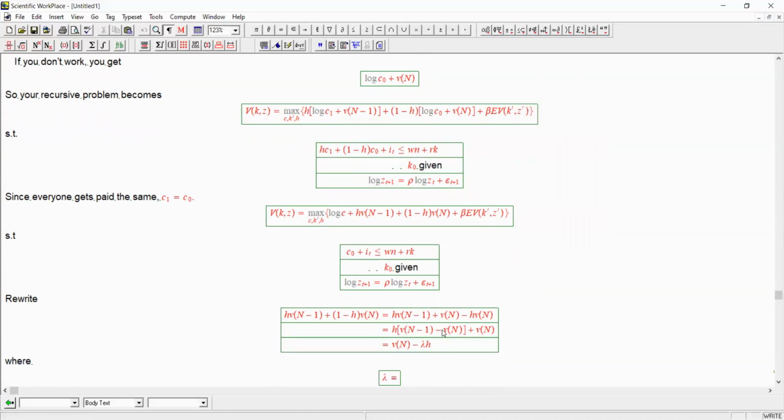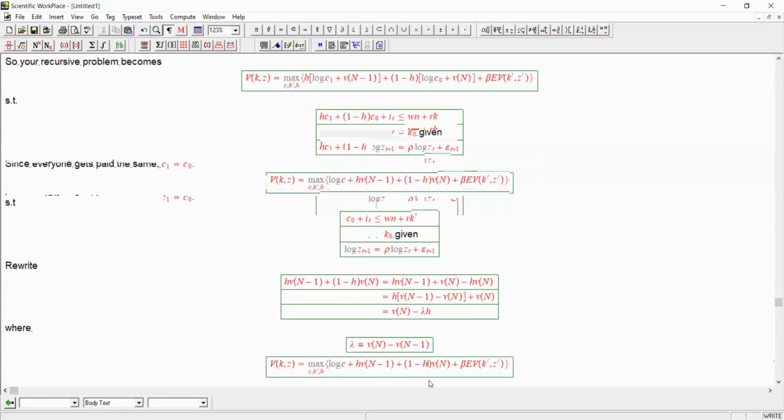Lambda is, yes, the utility from leisure from not working minus the utility from leisure when you do work. And so if we plug that back in here, what do we end up with? We end up with this.